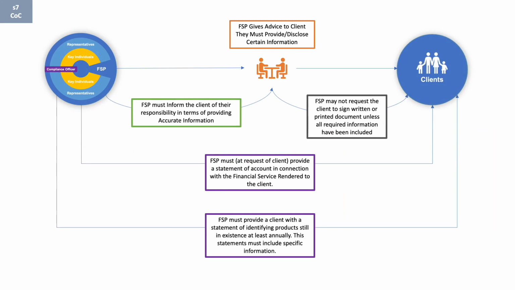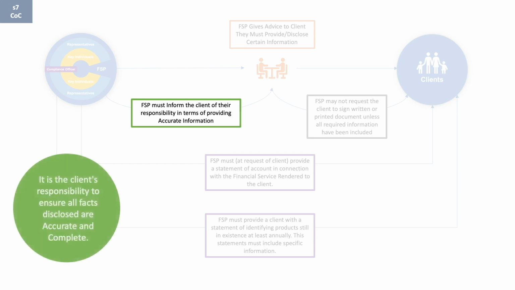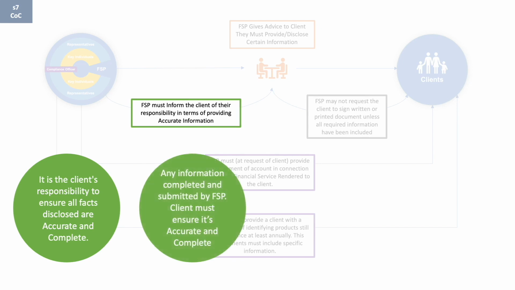We will now cover facts that the FSP must tell and inform the client of, the client's responsibility in terms of providing accurate information. It is the client's responsibility to ensure all facts disclosed are accurate and complete. Any information completed and submitted by the FSP, the client must ensure it's accurate and complete.